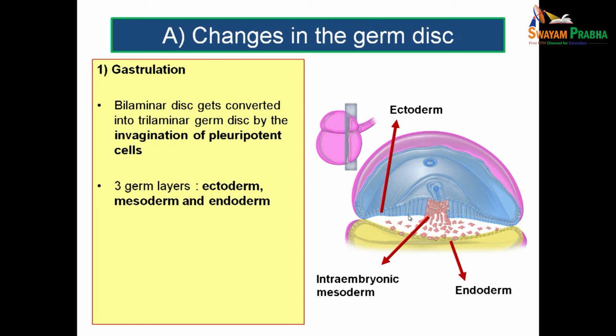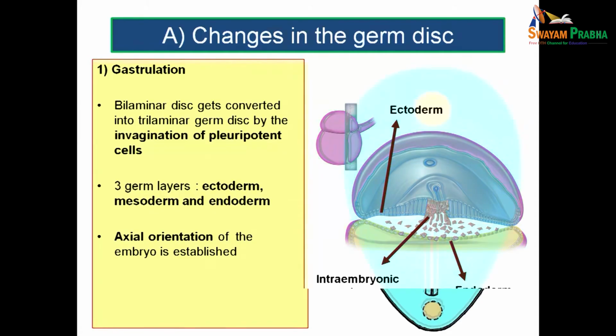You have the epiblast here, you have the hypoblast here, and in between you have the mesoderm formed from the epiblast. So, ultimately you have three germ layers: the epiblast, which becomes the ectoderm in future, the hypoblast, which becomes the endoderm, and the intraembryonic mesoderm. Once this is established, an axial orientation of the embryo is established.